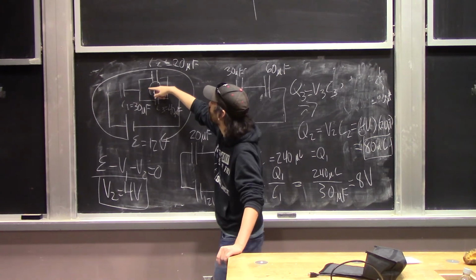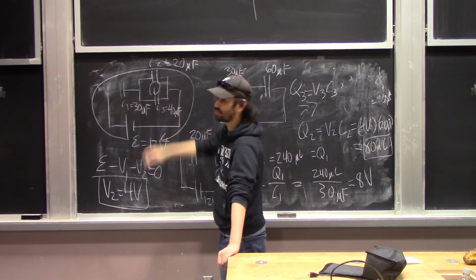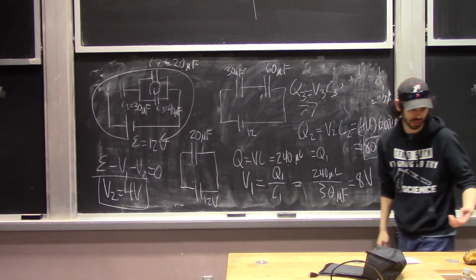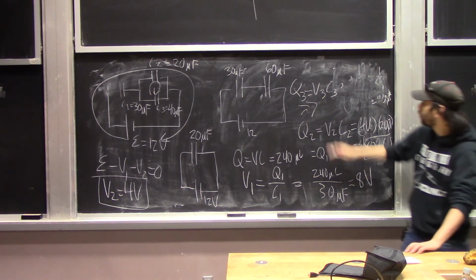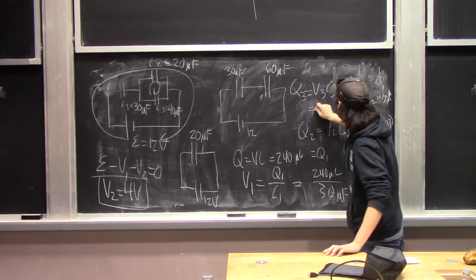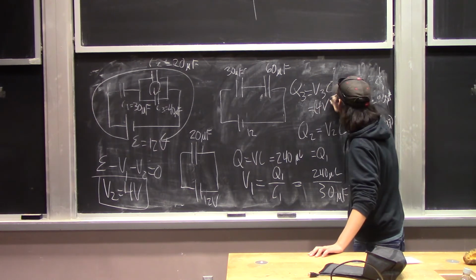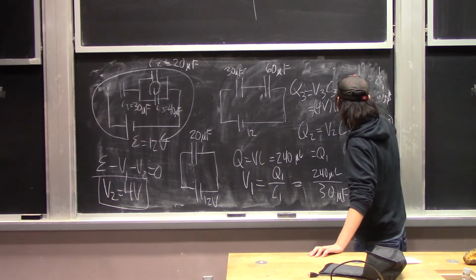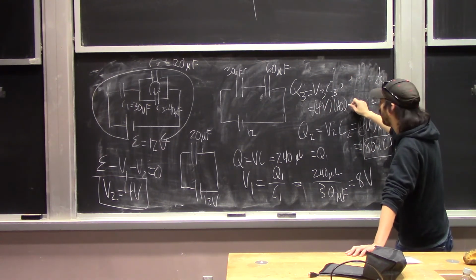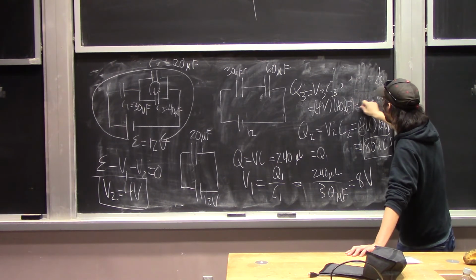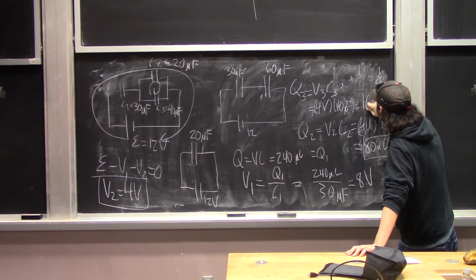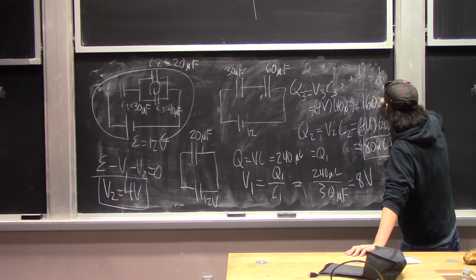So V2 minus V3 is equal to 0, and so V2 is equal to V3. When we plug this in, this is going to be 4 volts times 40 microfarads, which is equal to 160 microcoulombs.